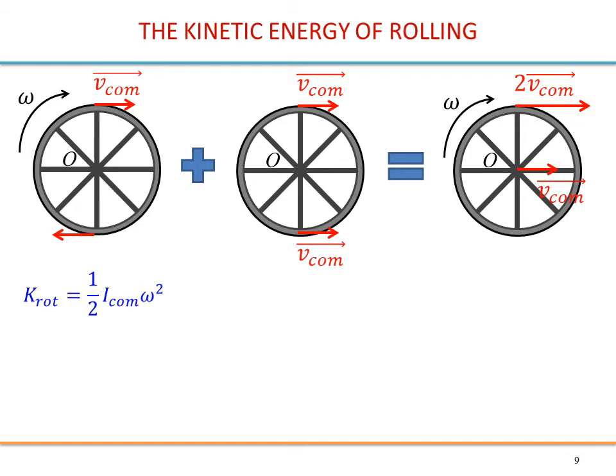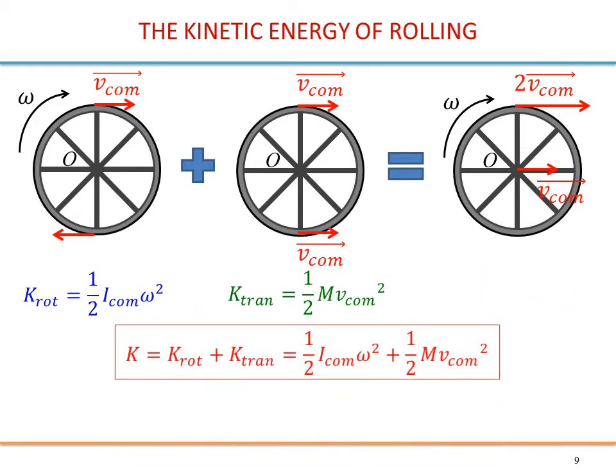The kinetic energy of the linear motion is just the usual half of m v squared, and the kinetic energy of rolling is therefore just the sum of the two.